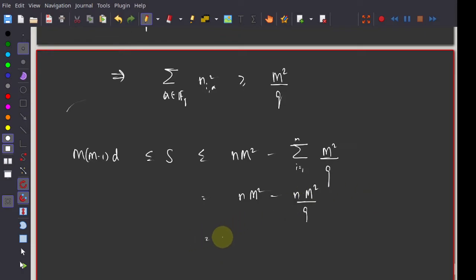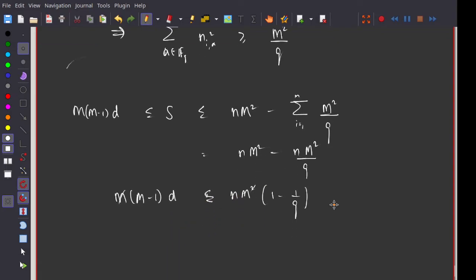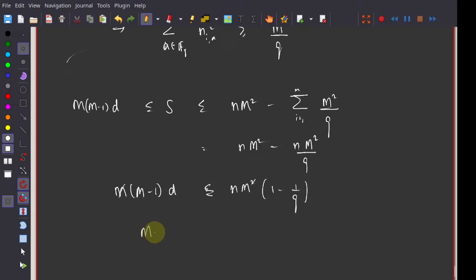In other words, this is nM squared into 1 minus 1 by q. On the left hand side, I have M into M minus 1 into d, so I can cancel out one of these M's. I get (M minus 1) d is less than or equal to nM into 1 minus q inverse.